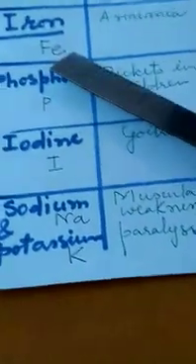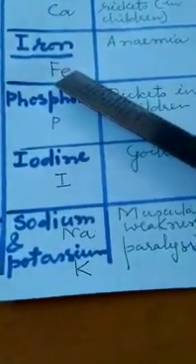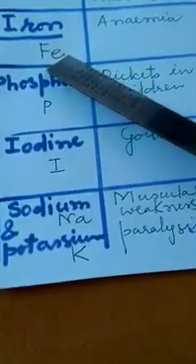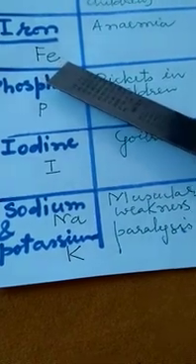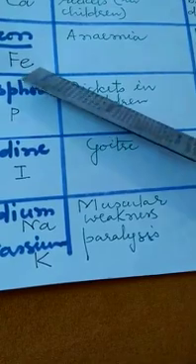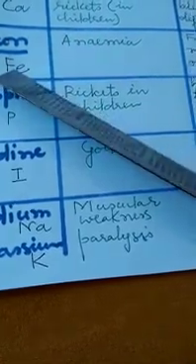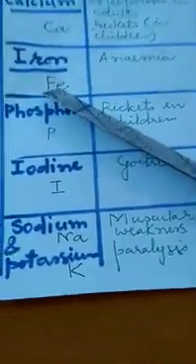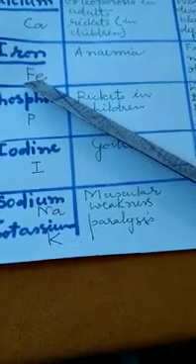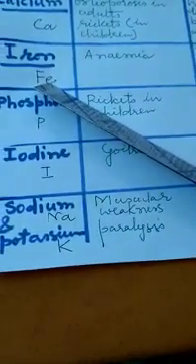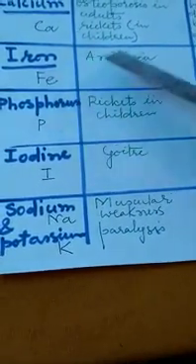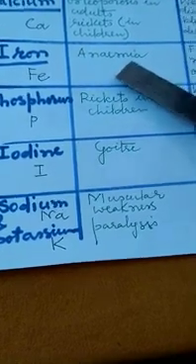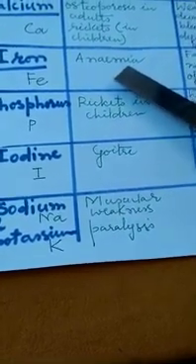The next mineral is iron, and iron is necessary for making hemoglobin present in our red blood cells. Deficiency of iron results in the blood containing too little hemoglobin, and the function of hemoglobin is to carry oxygen in our body.